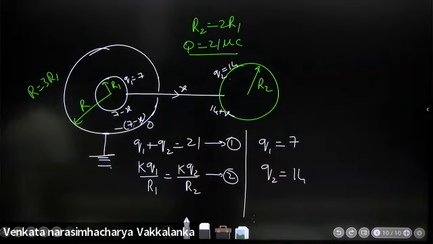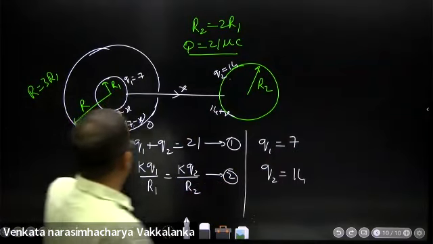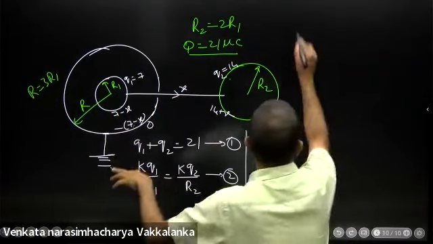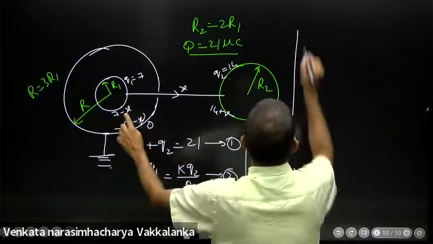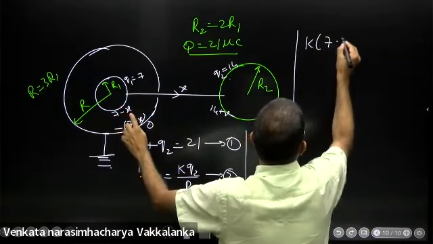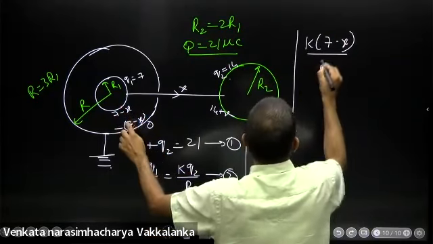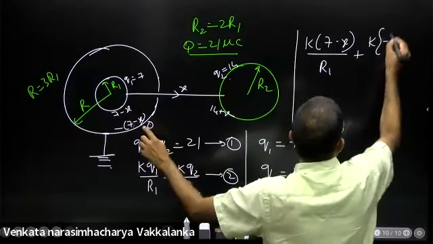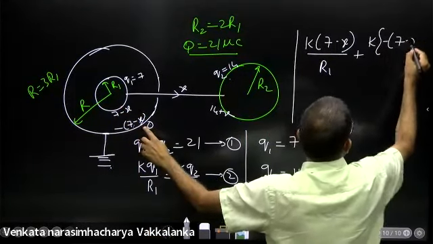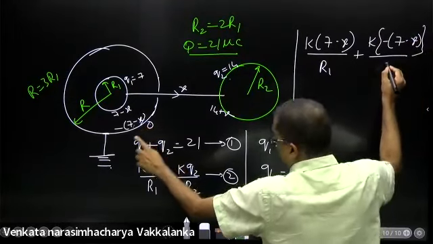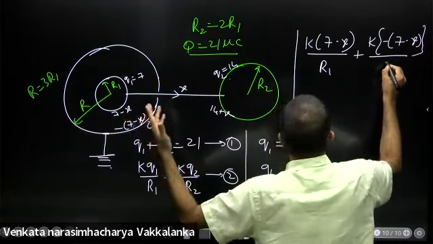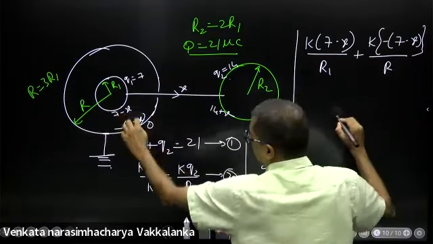Now, the charge should have flown in such a way. What is the potential of this sphere? Now, X has gone such that this and this again right now are at the same potential. Potential of this sphere, K(7 minus X) by R1 plus K(minus of 7 minus X) by 3R1.